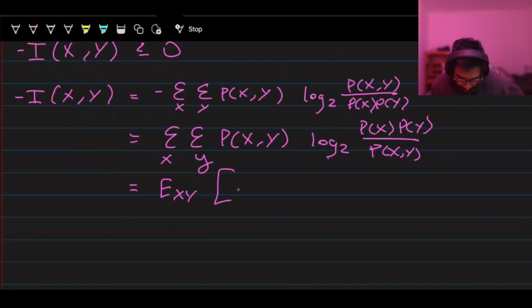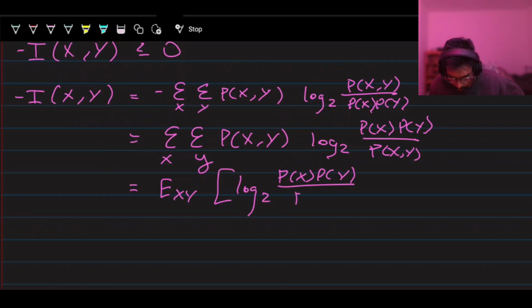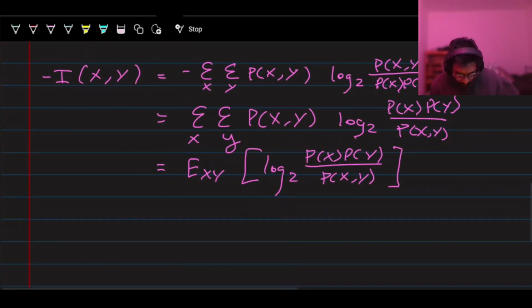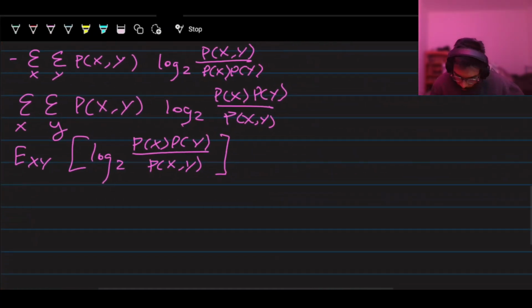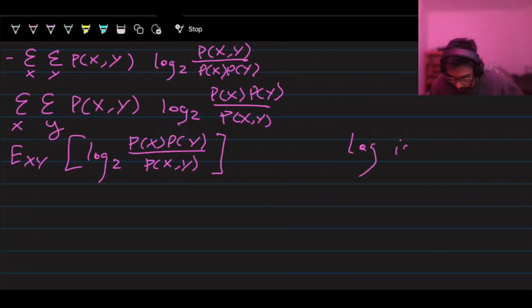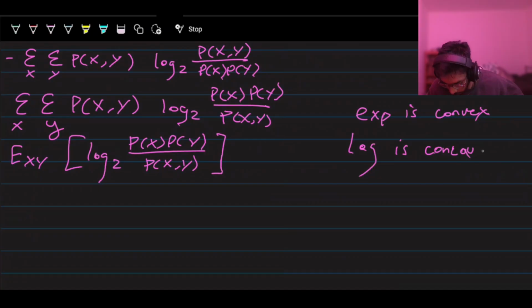So this is the expectation of the log base 2 of p of x, p of y over p of x comma y. And now we know x is convex, but log is therefore concave.